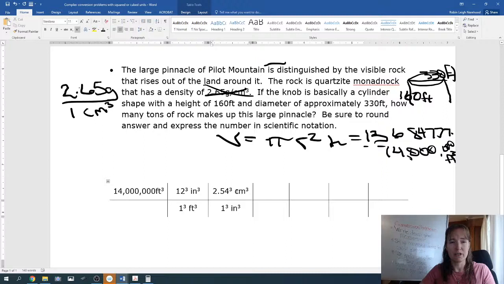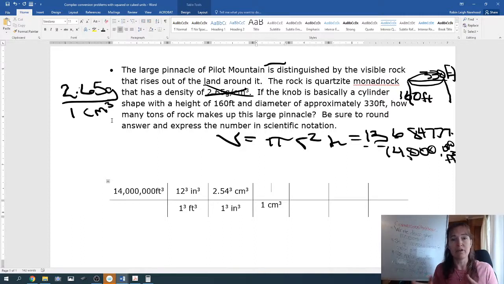And then I want to get rid of centimeters cubed. You should notice right here, our density is per centimeters cubed. As soon as the unit that you want to get rid of matches a given equality, you want to use that given equality. So right now is when I use this, and the centimeters cubed is already part of that conversion factor, so I'm not going to cube anything because it's already there.